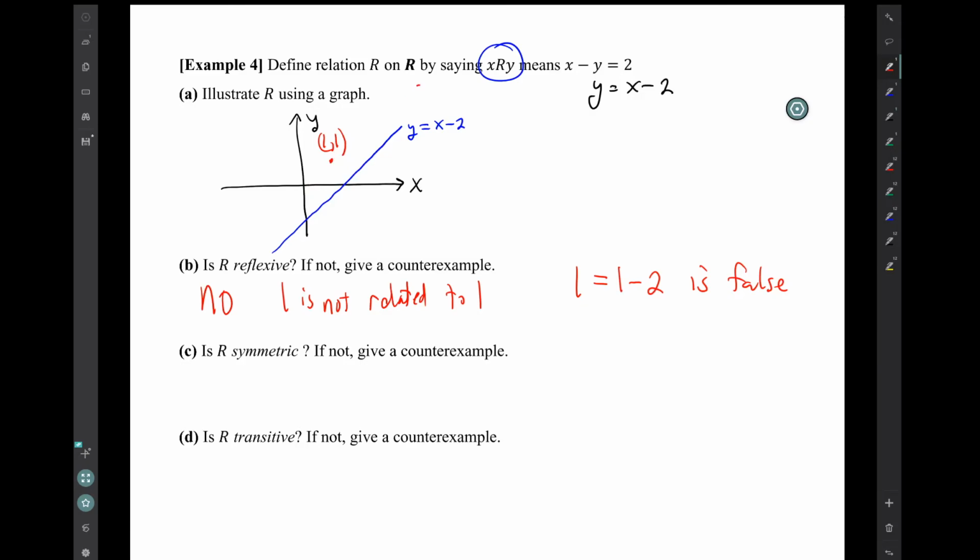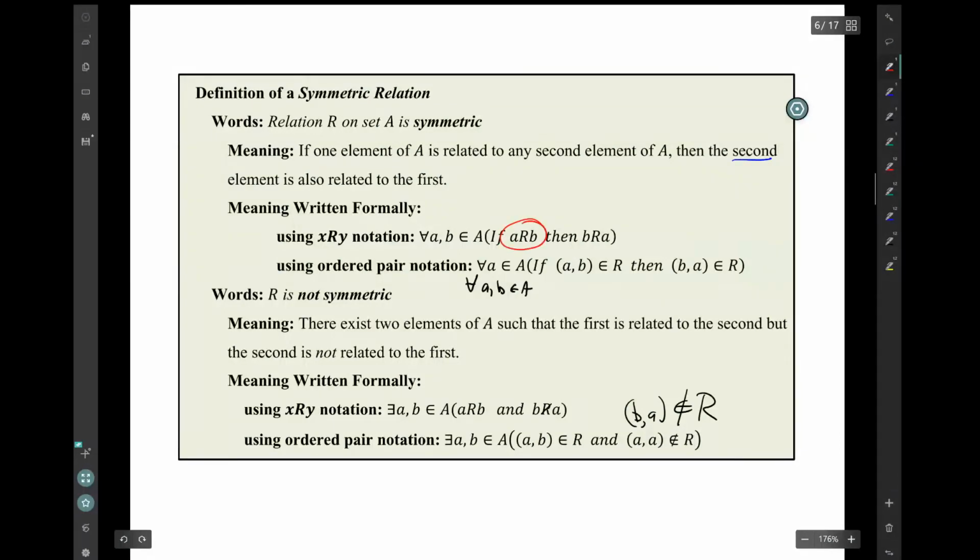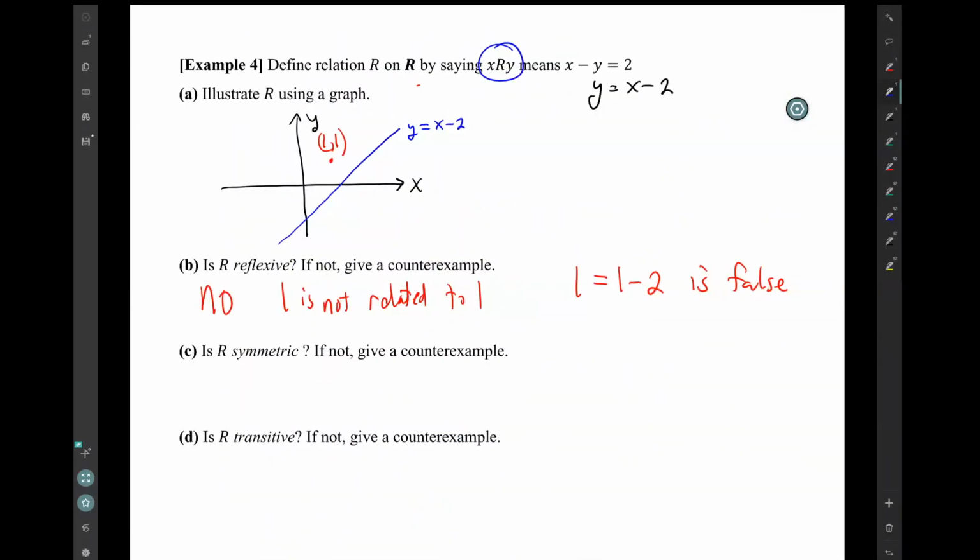Is the relation symmetric? Now what does that mean? That means if A is related to B, then B is related to A. Now if a relation is not symmetric, then there's an example where A is related to B and B is not related to A. So notice on our graph, the point (5, 3) is on the graph because that equation is true. 3 equals 5 minus 2.